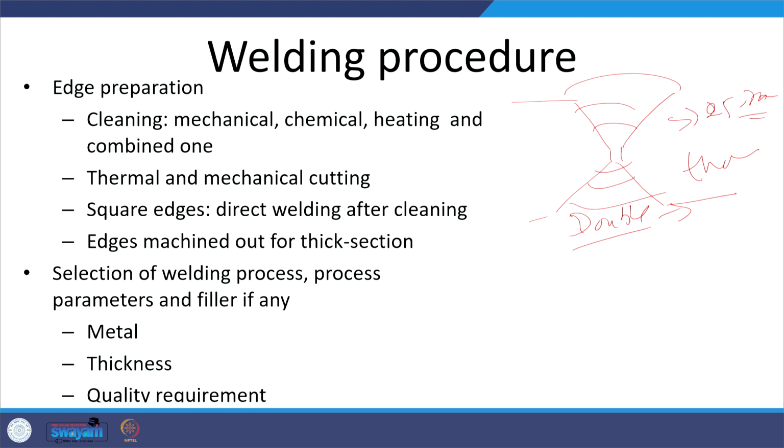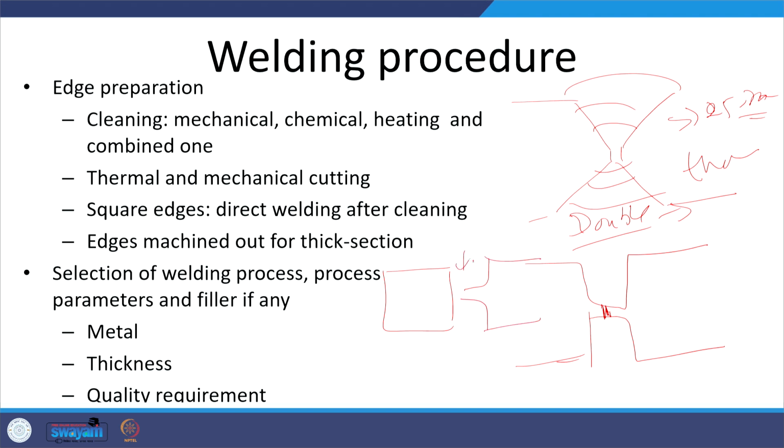This requires a lesser volume of weld metal as compared to the single V for the same type of joint. Then we can use the double U or double J like this, one side and another side.